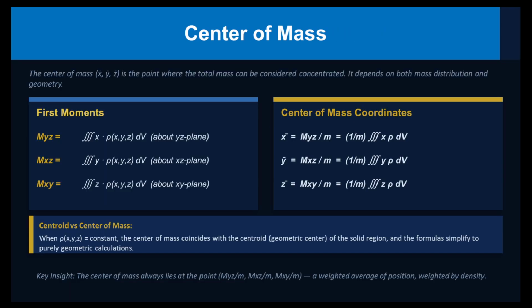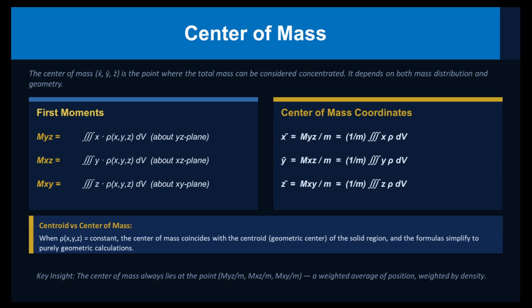And in the next slides, let's discuss the center of mass in more detail. The center of mass is the point where the total mass can be concentrated, as we discussed before. First, we calculate the moment about the YZ plane, and similarly the moment about the XZ plane, and the XY plane.